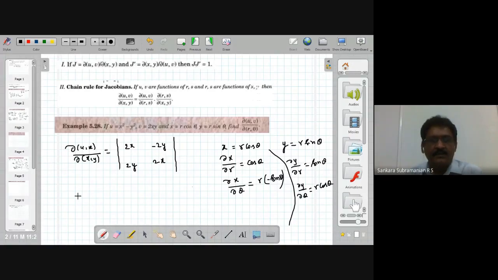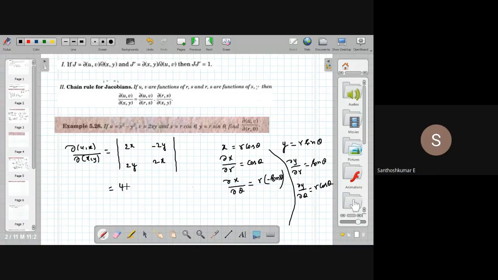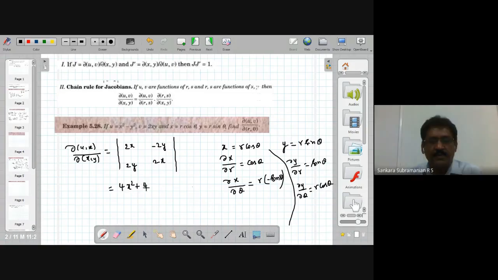So the value is 4x square plus 4y square. This is the answer, and this is equal to 4 into (x square plus y square).